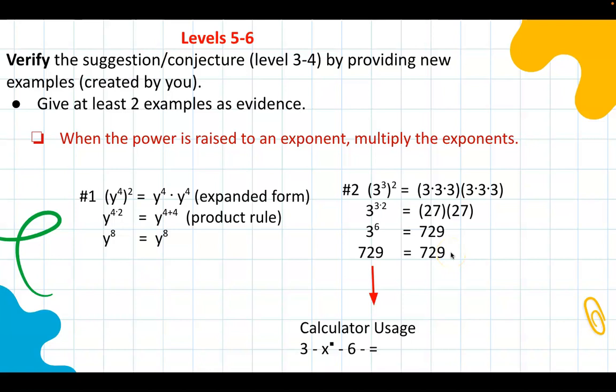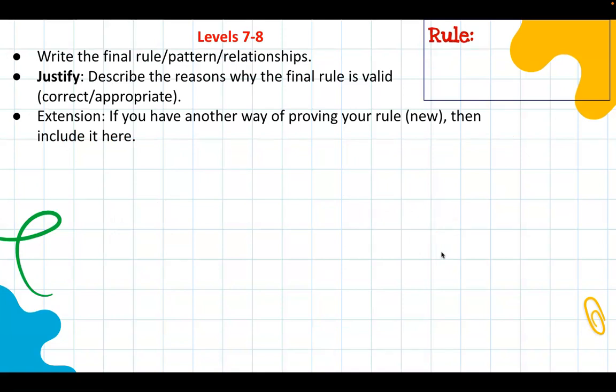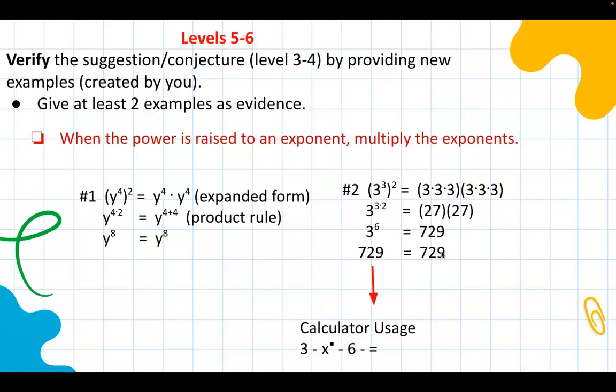That means that these are my two evidence, and so I am done with level 5 to 6. Okay, and then I move on. Remember, I'm going back just to say that these are not the only ways to provide evidence. We have used other ways in the classroom.